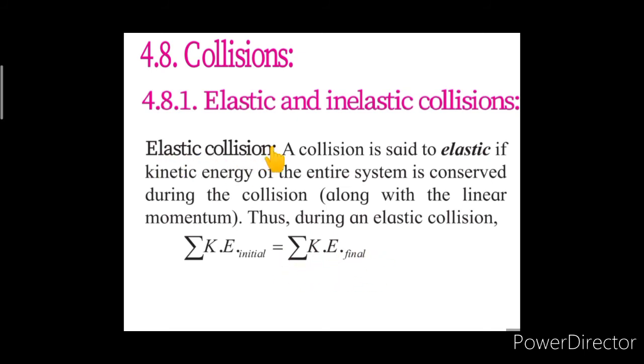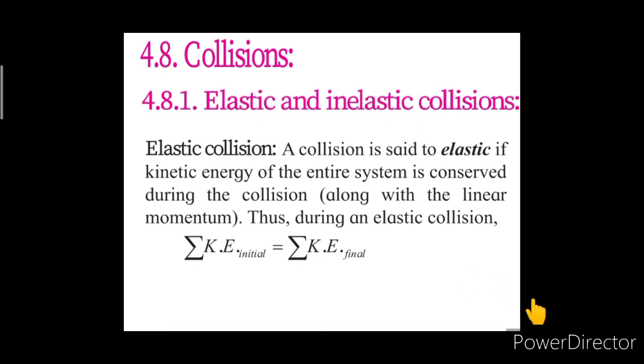So, in the elastic collision, two conditions must be satisfied: the total initial linear momentum of the system is equal to the total final linear momentum of the system, and the total initial kinetic energy of the system is equal to the total final kinetic energy of the system.